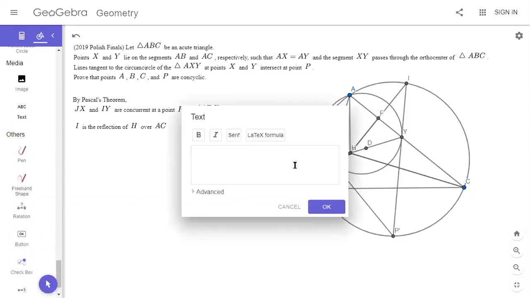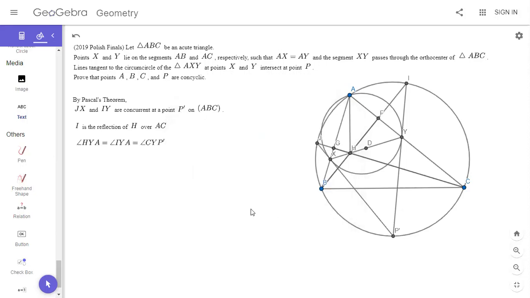So we have that. And so then we can do an angle chase.